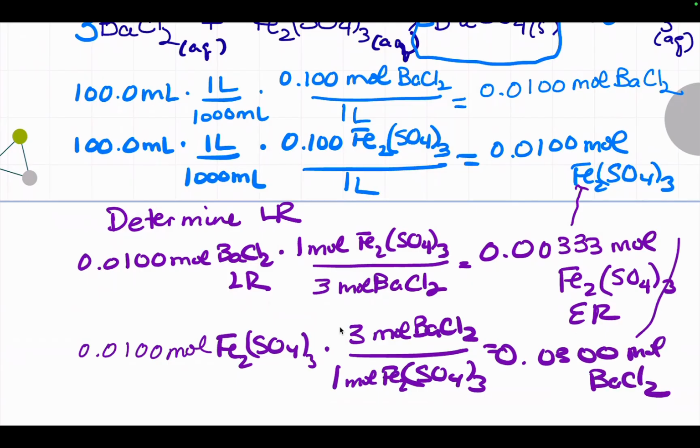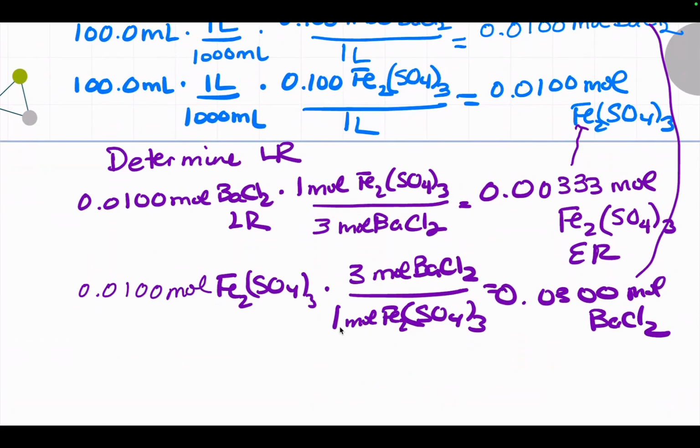And you could ask yourself, do I have that? My answer is no. So that means the barium chloride is my limiting and the iron(III) sulfate is my excess. And remember, I think it's a good idea to put a line through that because you're not going to use that number. So then the question is asking me how many grams of precipitate.